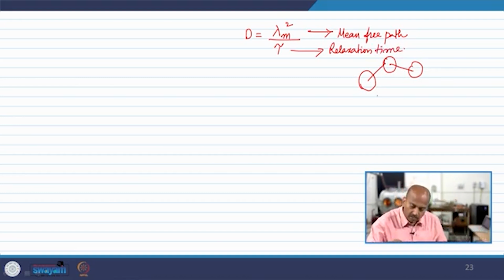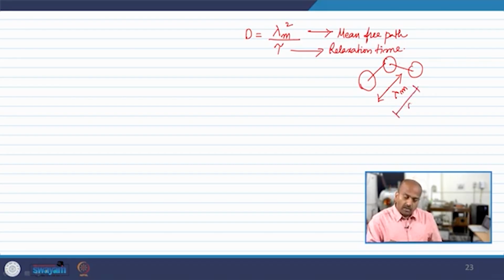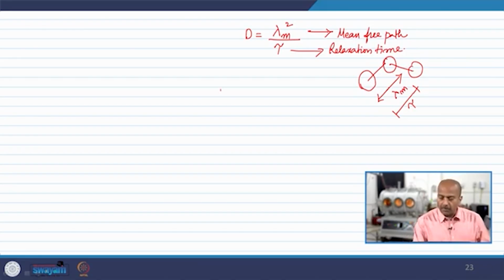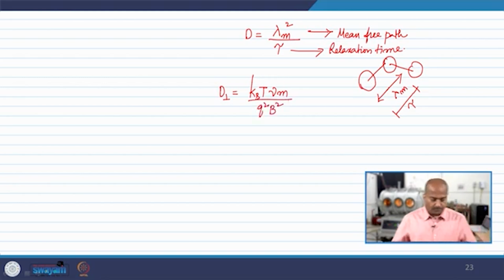So, if you look in the space dimension, this is the distance, and the time that it takes for this distance to be travelled is tau, the relaxation time, right. Now, if you convert the D perpendicular also to look something similar to this, D perpendicular is kB T nu m divided by q square B square, which can approximately be written as m v square nu m divided by q square B square.